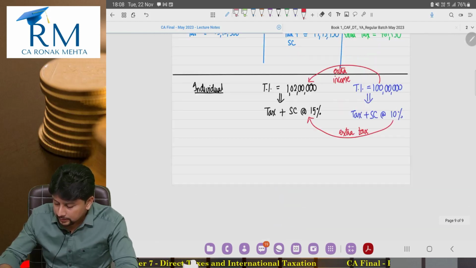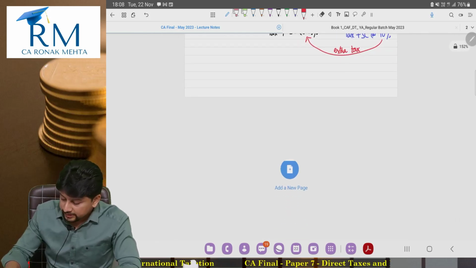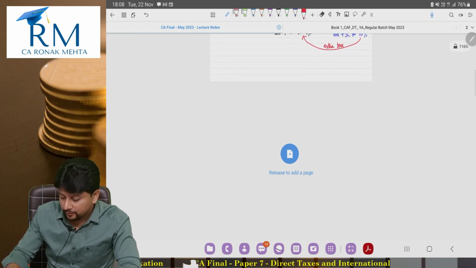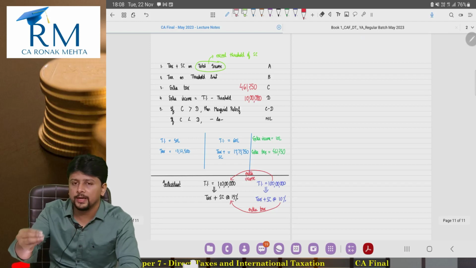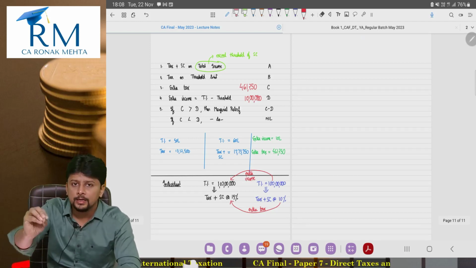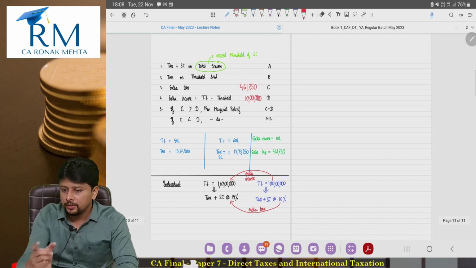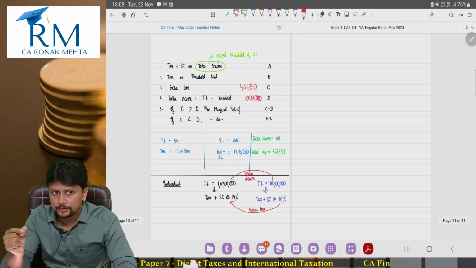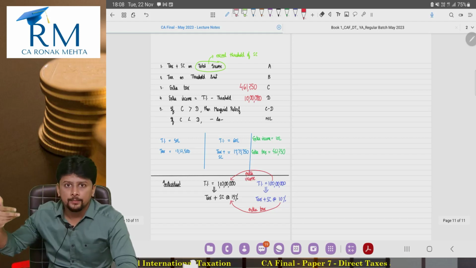Sometimes, especially in the institute MCQ booklet, there are some questions where marginal relief is applicable but in a hidden way. The question will tell you to calculate income tax on the total income of a domestic company of 10 crore 1,20,000. Now you see domestic company, you see 10 crores, you immediately realize there is surcharge applicable and you do the working.